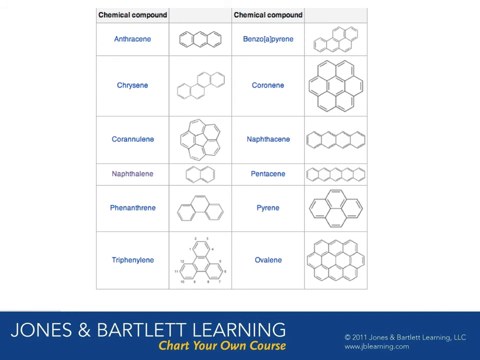So here's a slide that shows you some of the more significant polycyclic aromatic hydrocarbons and their structures. And as you can see, they're not highly chlorinated like the PCBs or the dioxins or some of the pesticides we talked about.